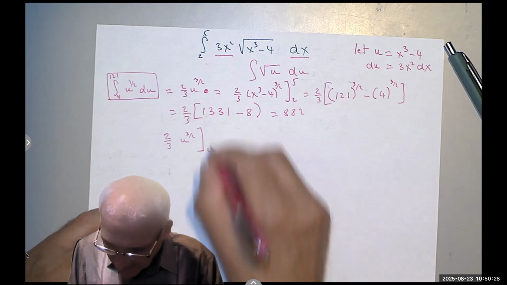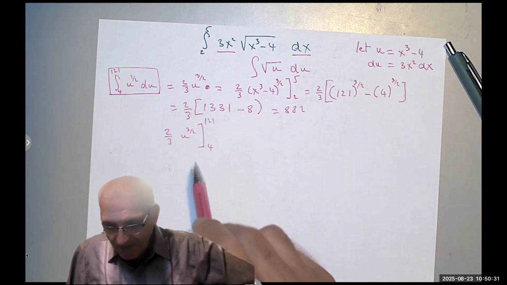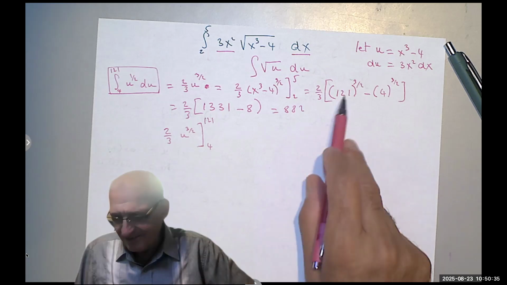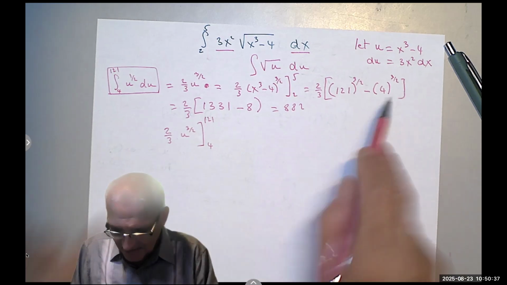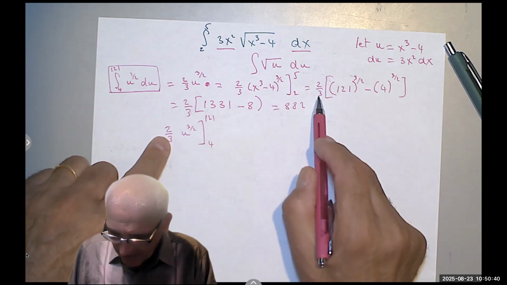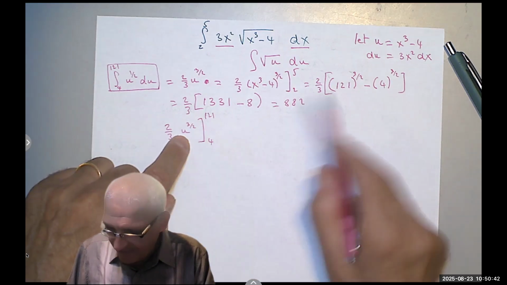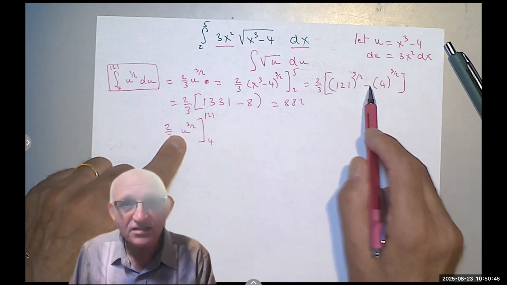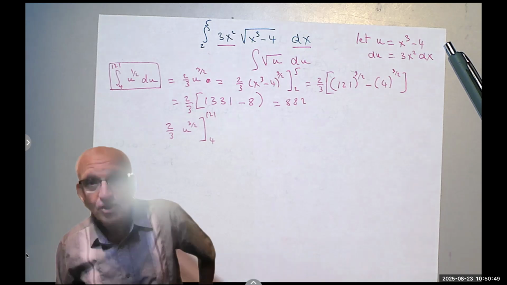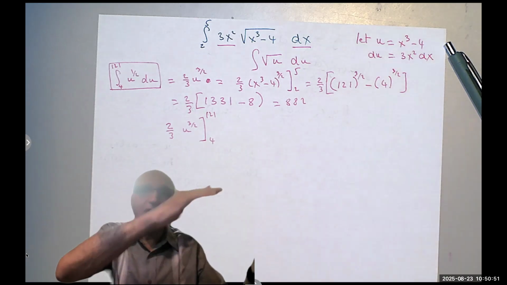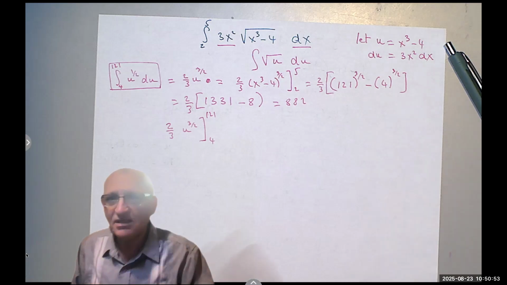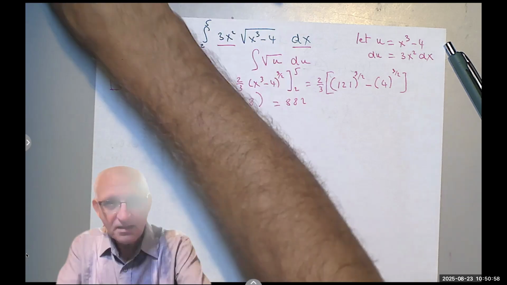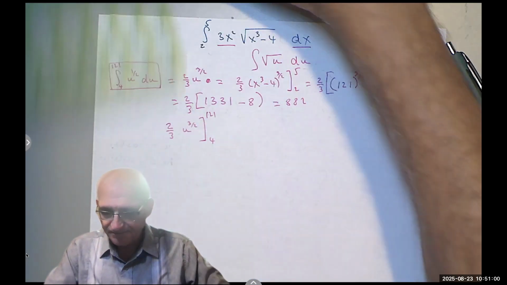So I'm taking the integral from 4 to 121. Notice, we saw these numbers here. So really the answer would be 2/3 times 121 to the 3/2 minus 4 to the 3/2. So I don't need to go to u and then back to x. I can do it all in the u universe, so to speak. Okay? So you have two ways to do it, really.